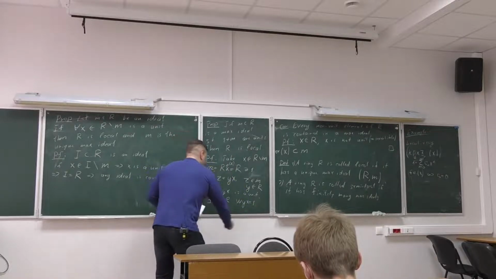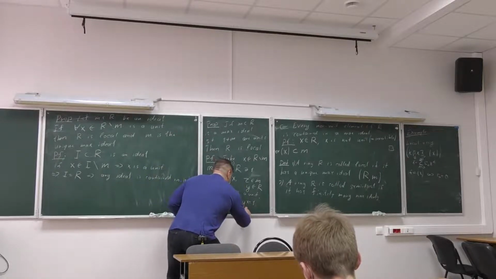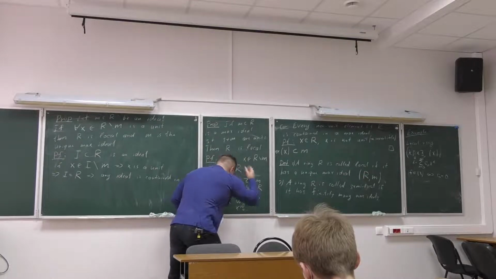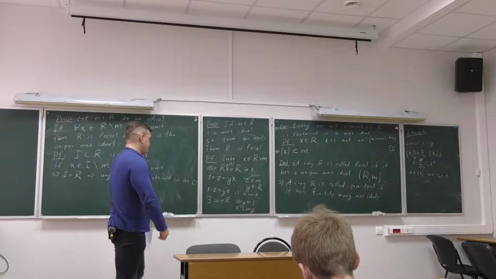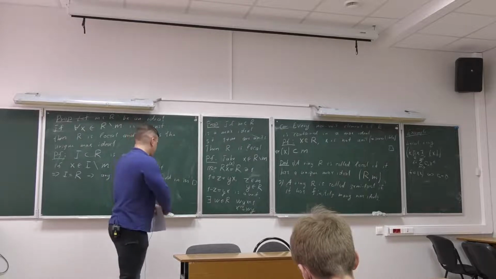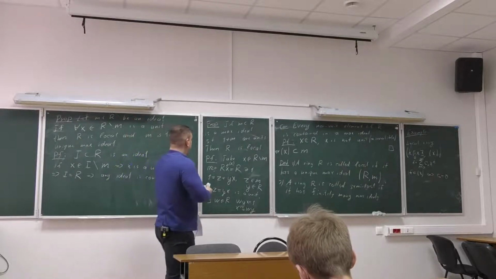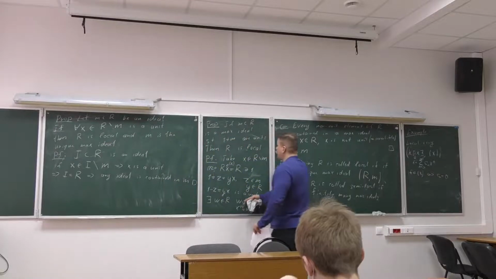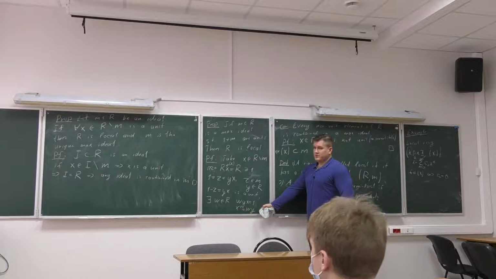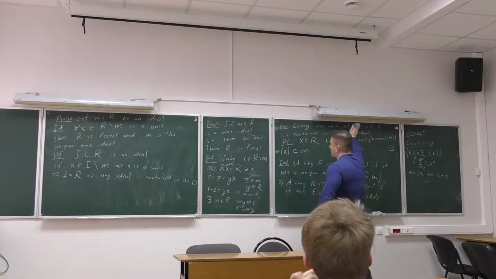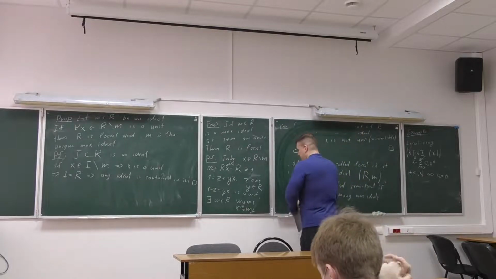Or in other words, x inverse is equal to wy. That's correct. So any element which is in the complement to the maximal ideal is in fact invertible. Now use the previous proposition. So we proved this one.